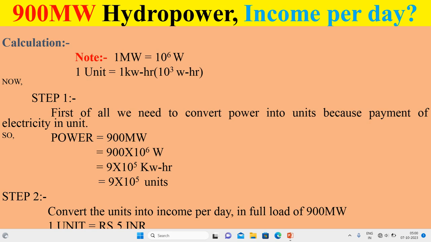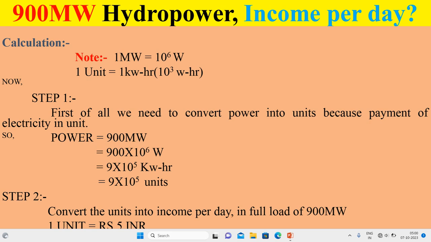Now step 2: first convert this into income per day. This 900 megawatt is generated in the full load condition, okay? In full load, you know that the efficiency can never be 100%. It has some losses, like 20% or maybe 15%, so it will be like 80 to 85% of the output that is generated.